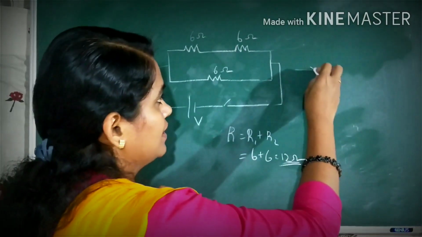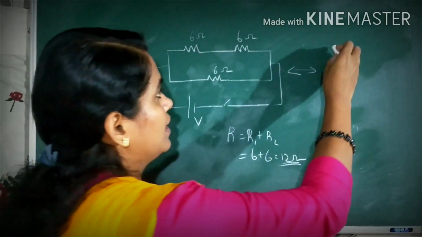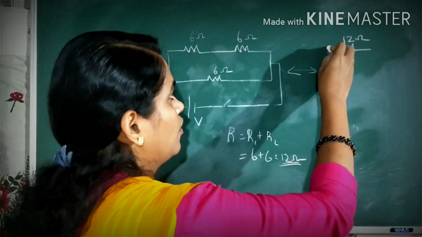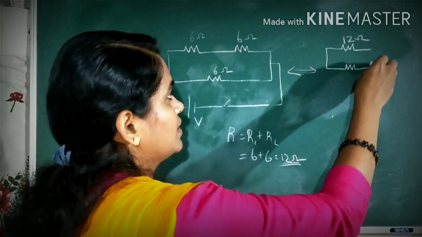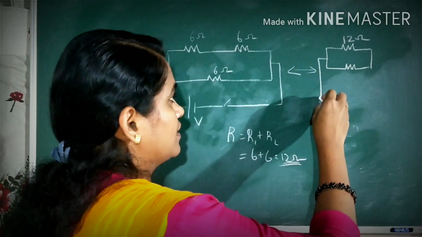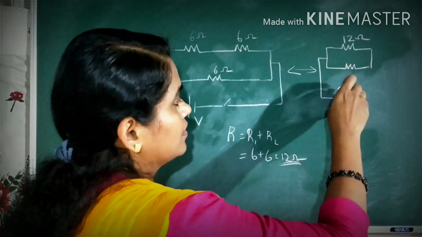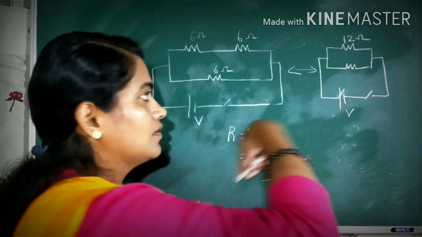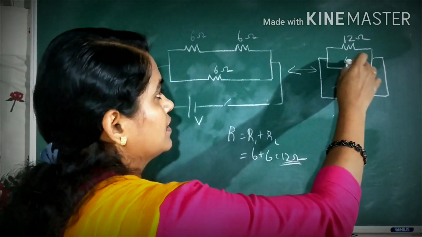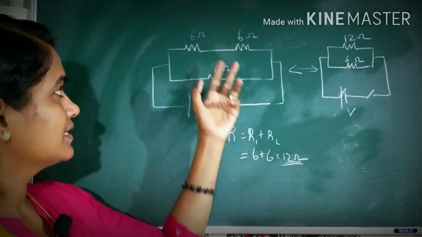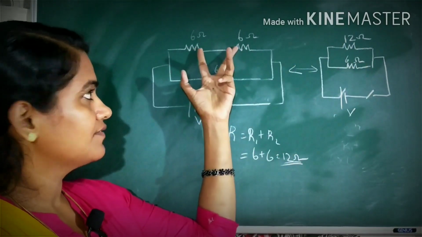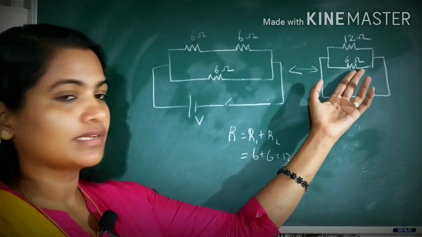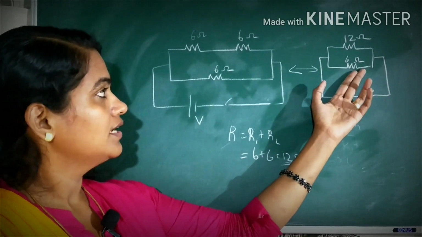So we can easily redraw this circuit as, so here we get the effective resistance as 12 ohm, and then we have a 6 ohm resistor here. So we can redraw this circuit like this. So this 12 ohm is the effective resistance of these two resistors, and this 6 ohm resistance is drawn here.